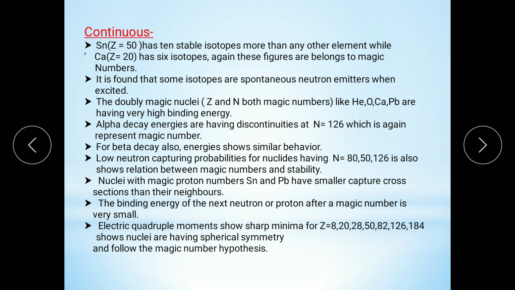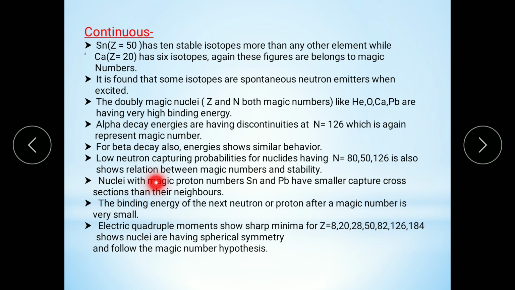Nuclei with magic neutron number or magic proton number, such as Sn and Pb, have smaller capture cross sections than their neighbors. Similarly, as we saw in the above point, for neutron number equal to 80, 50, 126, such nuclei have low neutron capturing.